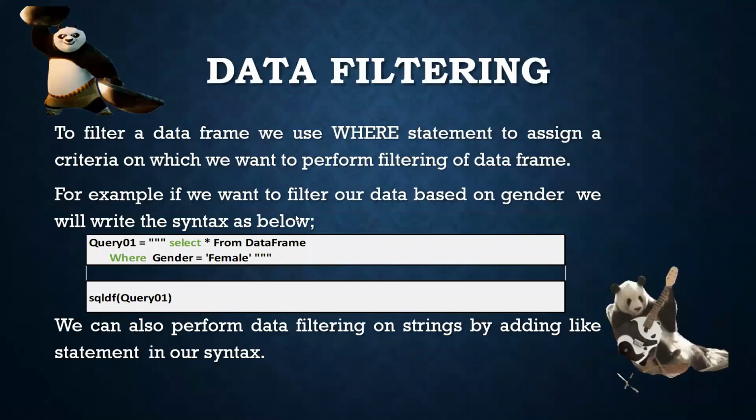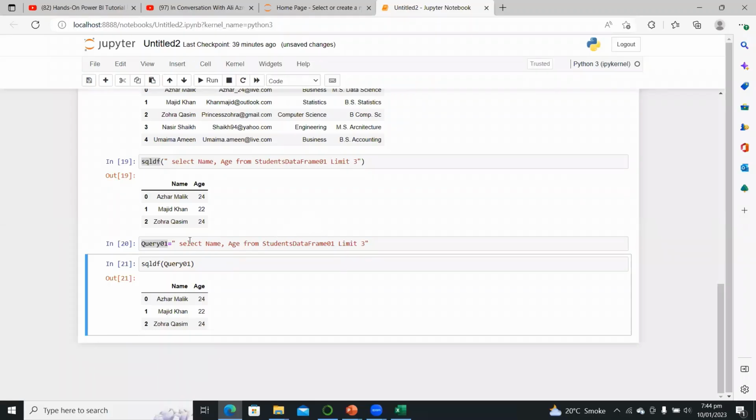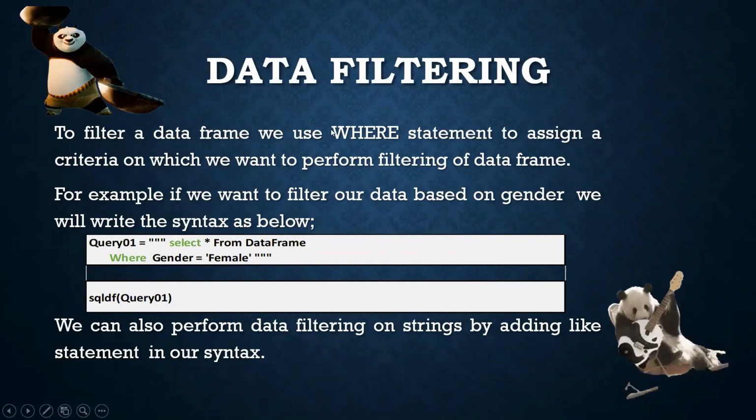Now we can also perform data filtering using SQL queries, and to perform data filter, we select a criteria, and within the query to select the columns, we add the argument where and give the criteria on which we want to base our selection.